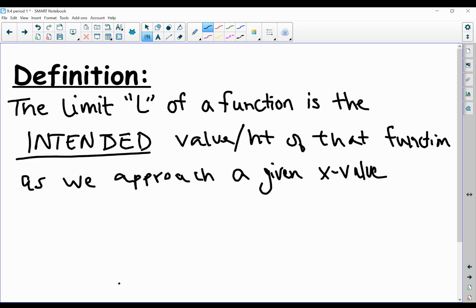Now, if we get there and Panera has burned to the ground, that doesn't affect the limit or what our goal was. Panera can burn to the ground and we would still call Panera the limit of our journey because it's where we intended to go. And when we got there, we were sadly surprised, but it doesn't make a difference because the limit is all about the intention.